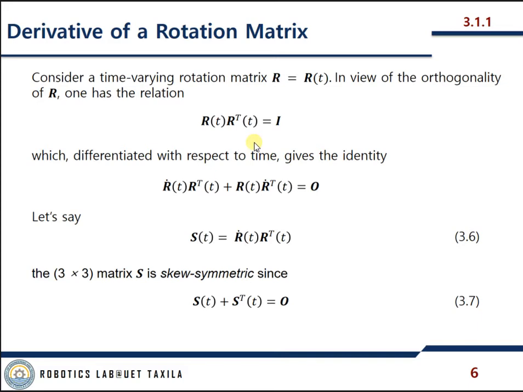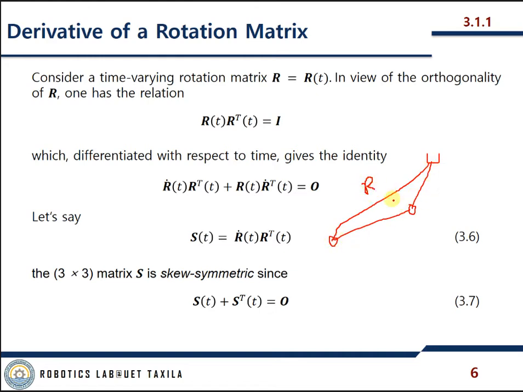Now, I want to discuss its derivation. The theory which we are going to discuss here is known as screw theory. So let's consider a time-varying rotation matrix. If we have a robot like this, with two joints 1 and 2, and we want to represent this end effector with reference to this point, we need to use some rotation matrix.